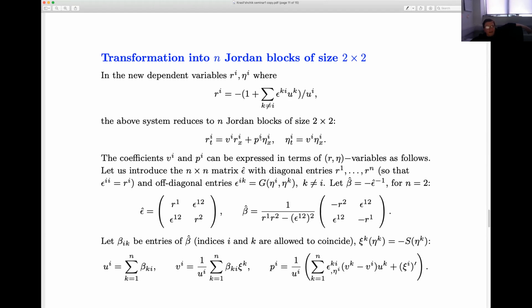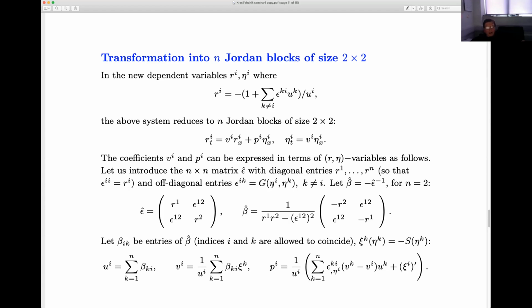I'm showing you quickly the construction. You introduce the following n by n matrix, epsilon hat. It's a symmetric matrix, which has diagonal entries r_1, ..., r_n, and off-diagonal entries epsilon_ik, which is the two soliton kernel.